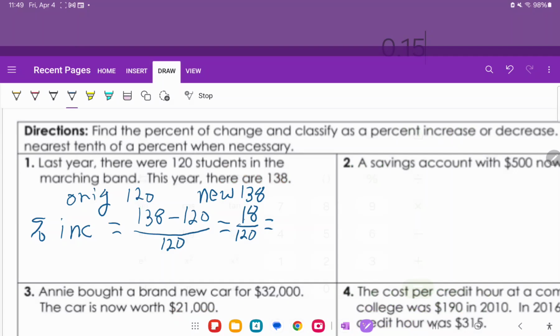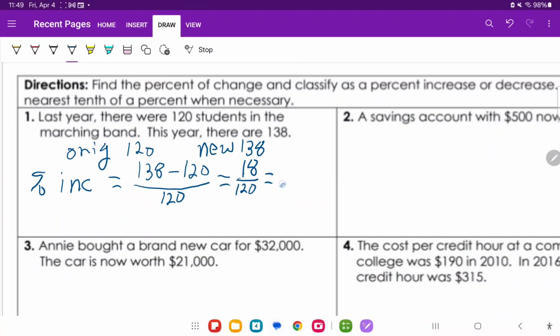That is going to be 0.15. All right, we have to move the decimal. 1, 2, right to that spot. So my new spot for the decimal is over there, so that means my percent of increase is equal to 15%.